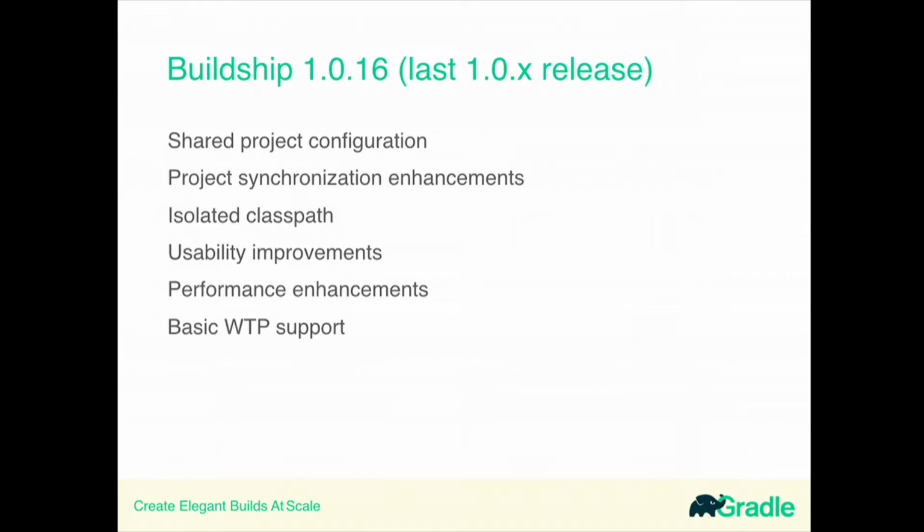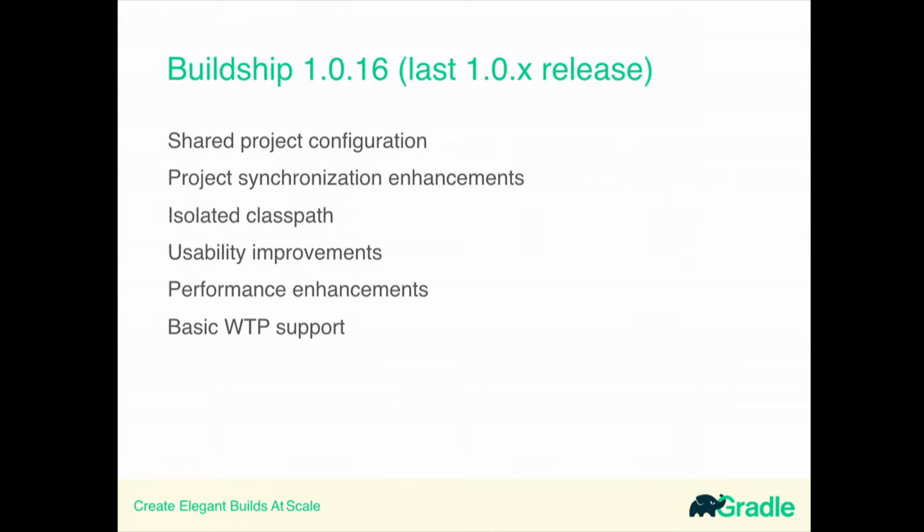So the Buildship 1.0.16 release is the last of the Buildship 1.0x releases. We used patch versions, even though it's a bit of an understatement to use patch versions for them. What is in Eclipse Neon is 1.0.15, so we did one more release since.